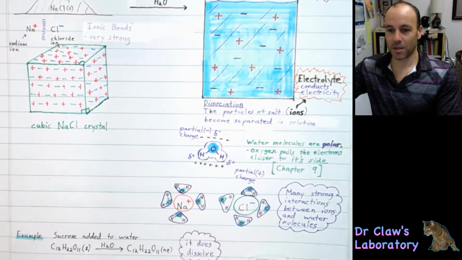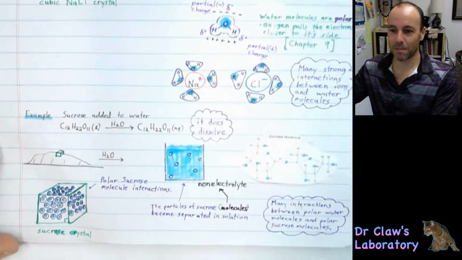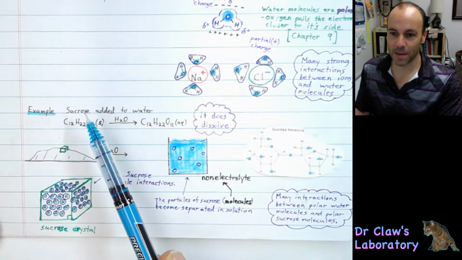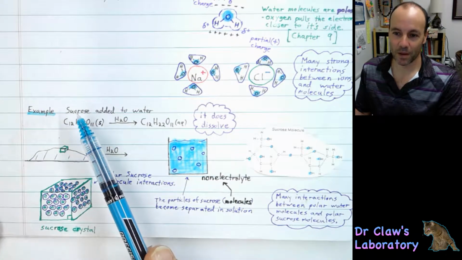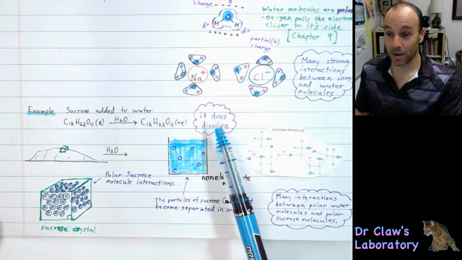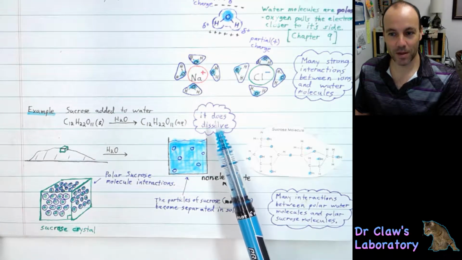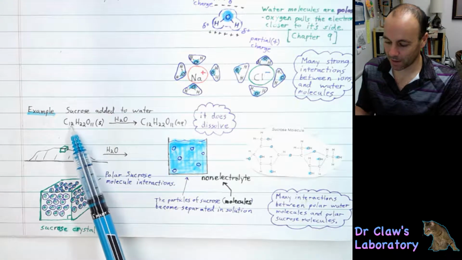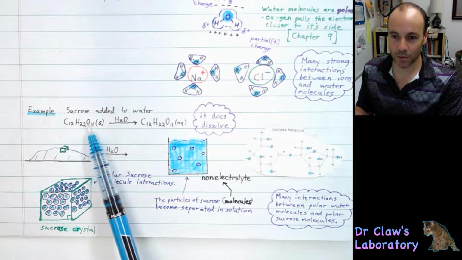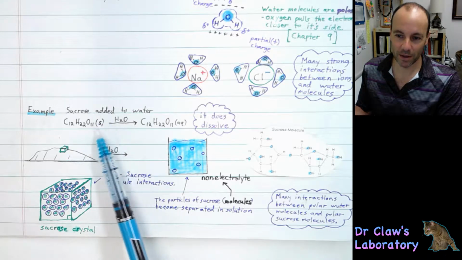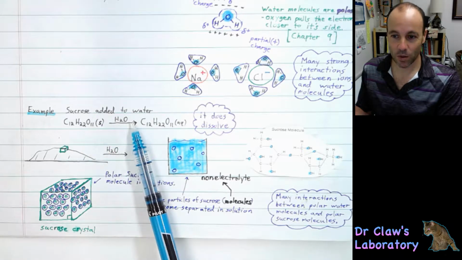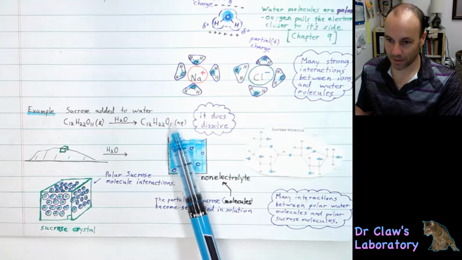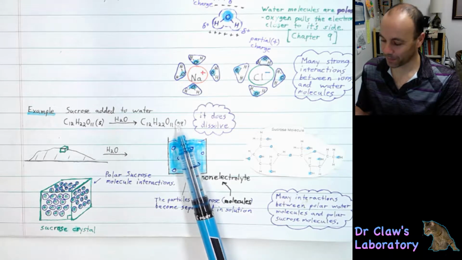Let's look at another example of a compound that we know dissolves in water, and that's table sugar, or sucrose. When sucrose is added to water, it does dissolve. We know that from experience, and therefore we can write the process by this chemical equation: C12H22O11 in the solid phase with water yields the compound dissolved, aqueous phase.